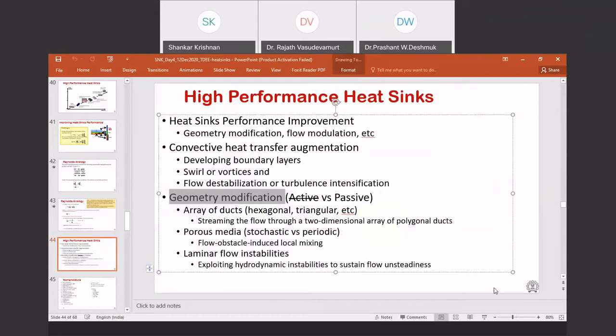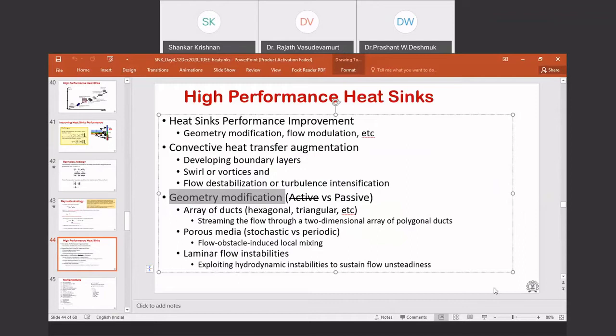That allows heat to be conducted seamlessly in a three-dimensional fashion, with a number of flow obstacles that induce local mixing. Anytime we have a flow going past a cylinder, it induces a wake region, and that wake region induces mixing if there is another cylinder stacked vertically.